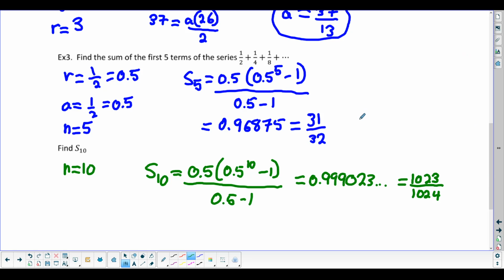Okay. So one of the interesting properties, this is actually an important series in mathematics, is that as we keep going, if we said found S20, we'd get a number even closer to 1. And if we got S100, we'd get a number even closer to 1.